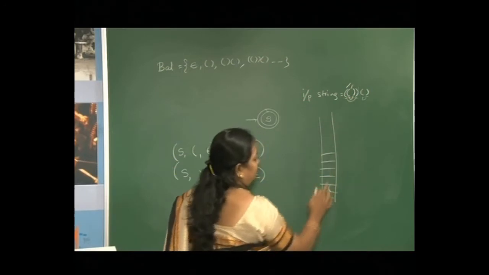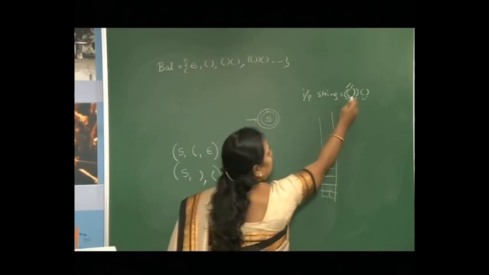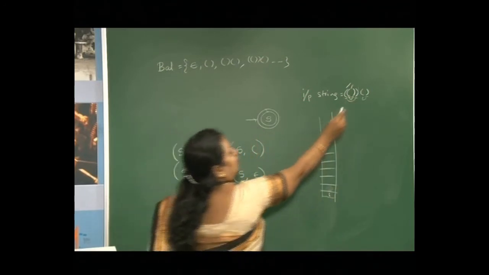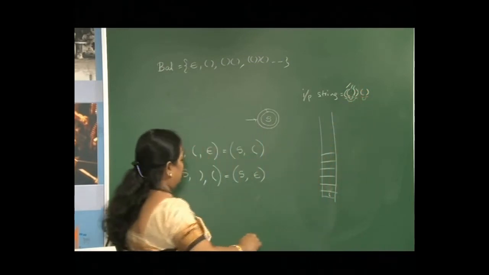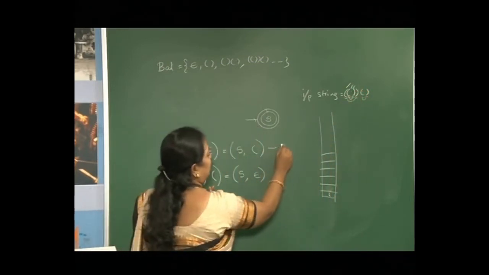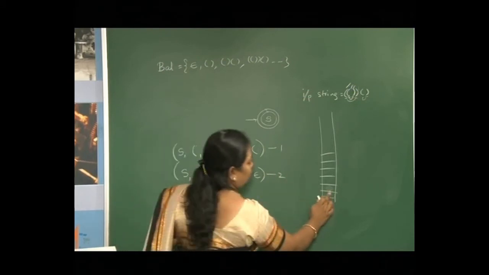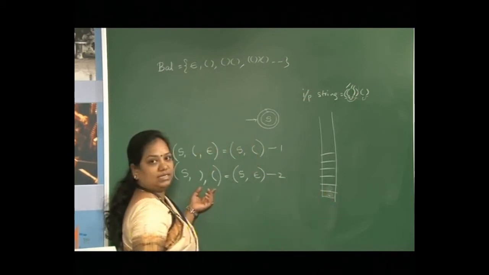So for this opening parenthesis, this closing parenthesis pops it off. Next, again I come across a closing parenthesis. Again by rule 2 we pop the topmost element of the stack.